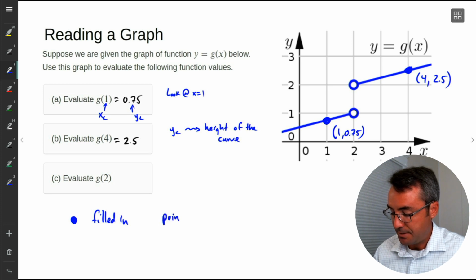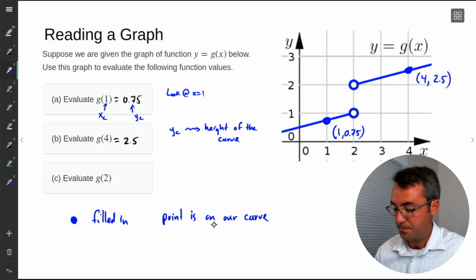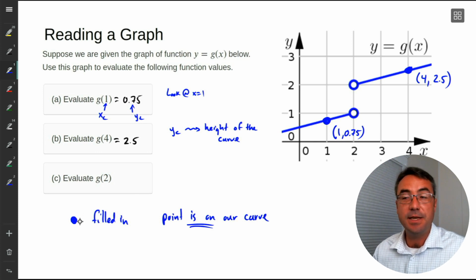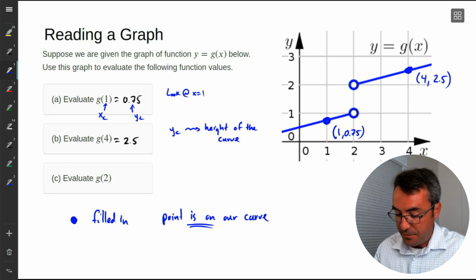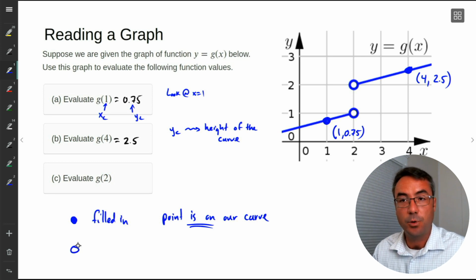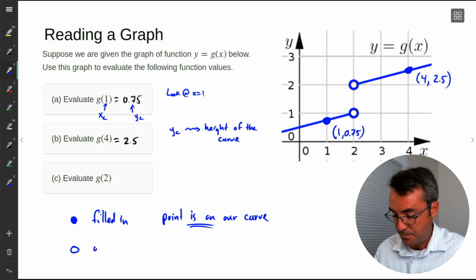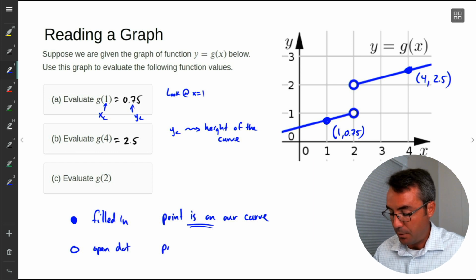It means the point is on our curve. So if the dot is filled in, it means we want to include that point. It's actually on our graph. If it's an open dot, where we don't fill it in, then that means the point is actually not on our curve.